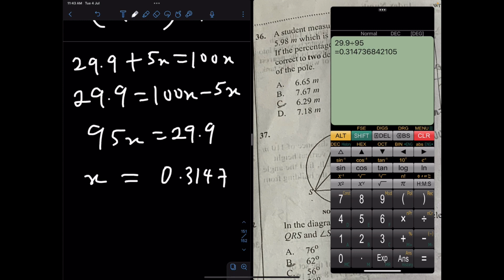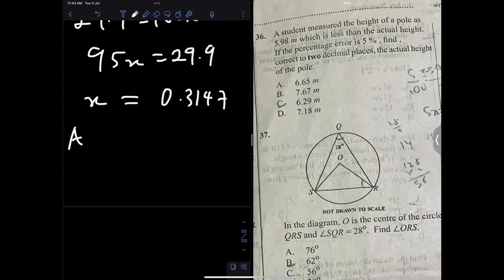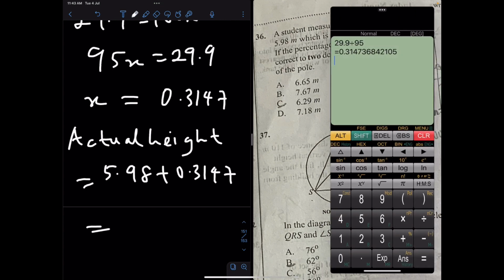Therefore, the actual height, which is 5.98 plus the error, is 5.98 plus 0.3147, and that's simply equal to 6.2947.